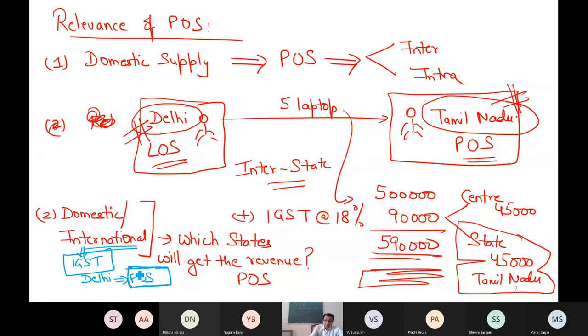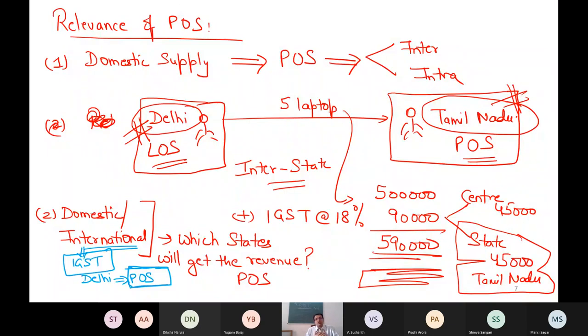Again, listen to one thing. There are two relevances of place of supply. First, it tells me whether any domestic supply is inter or intra. International is by default inter. Now, once you have reached the stage where you know any supply is inter or intra, it does not matter whether it is domestic or international. The second stage is which state gets the revenue.